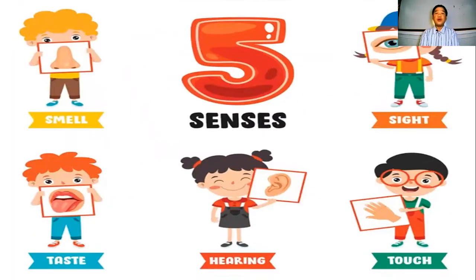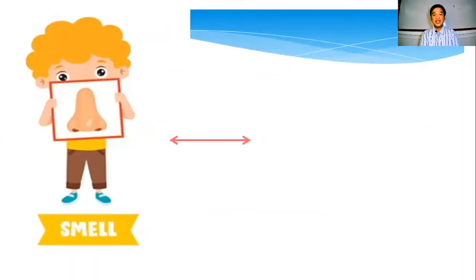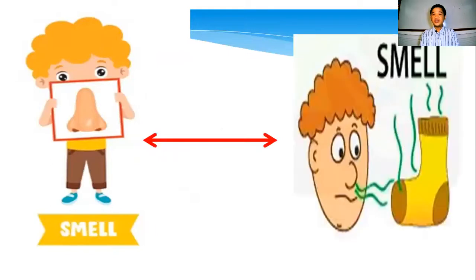And now you are able to learn about the five senses of ourselves. And what are those five senses? We have the nose, and the nose is used to smell. That is one of the five senses.